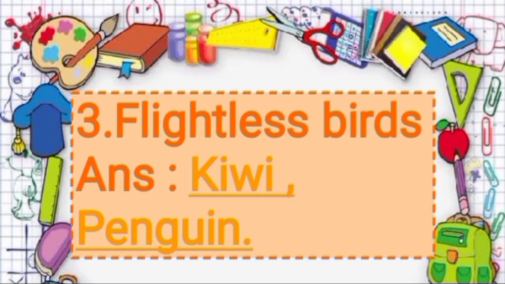So as you know that birds have light body and they are covered with feathers, and they have wings that help them to fly. But birds such as ostrich, kiwi, and penguin cannot fly because they have a heavy body, and that's why they are called flightless birds.